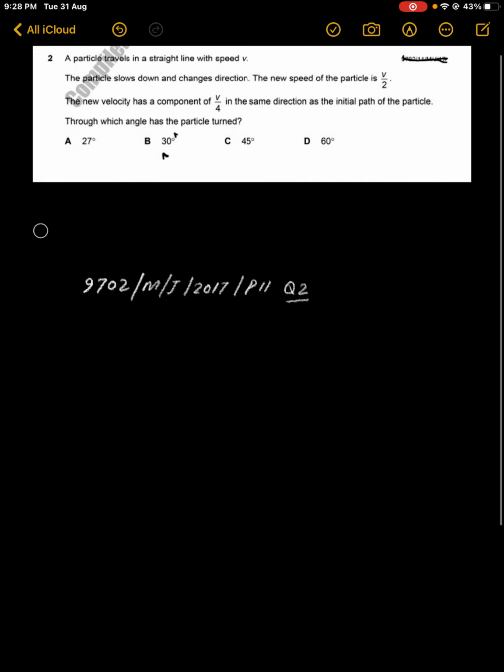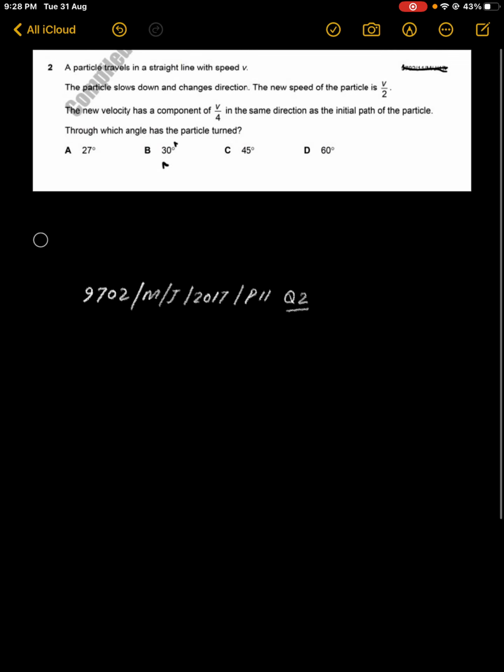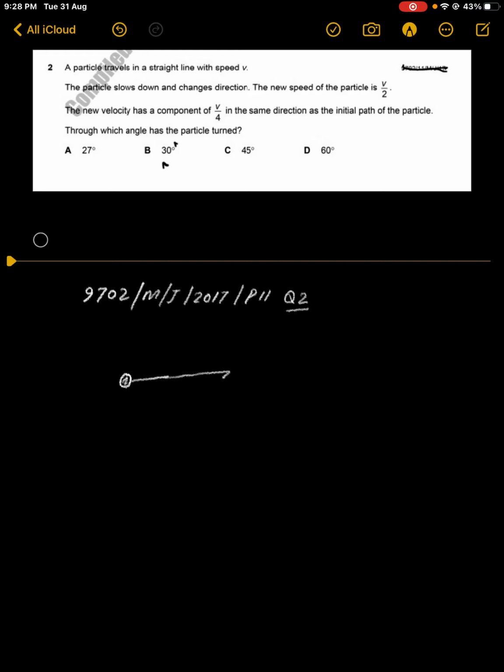Okay. So suppose this is a particle, moving in a straight line with a speed v. Look at the last statement, through which angle has the particle turned.